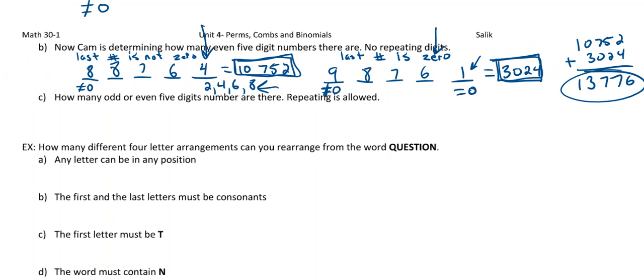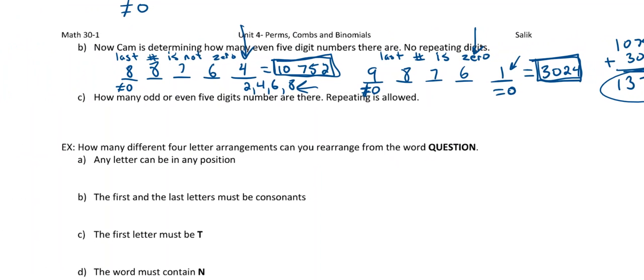All right, like I said, I'm gonna be a little tricky, and then this one's gonna seem really simple now in hindsight. Okay, so now this one says how many odd or even 5-digit numbers are there, and repeating is allowed. Okay, well, yeah, this one's pretty straightforward because now we just have to remember that the front number cannot equal 0, so there's only 9 ways for that to happen.